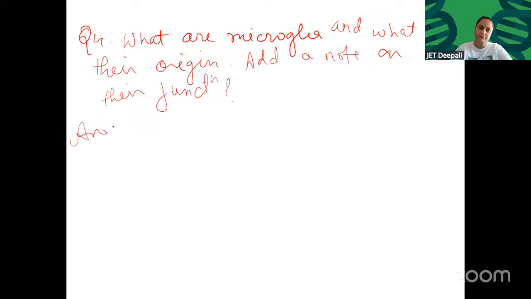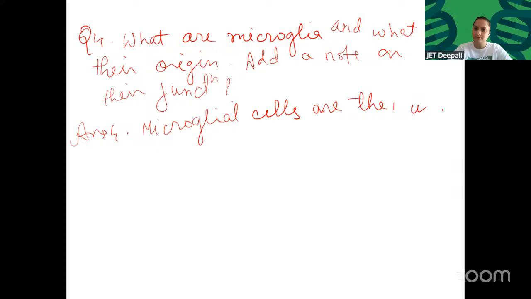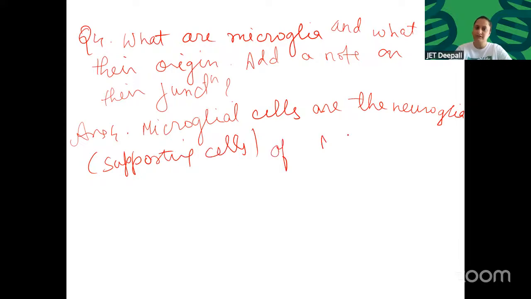Now let's write out answer number 4. Microglia are the neuroglia, supporting cells of the CNS, which are phagocytic cells of mesodermal origin. Very good. Microglial cells are the neuroglia, supporting cells of CNS, which are phagocytic in nature.